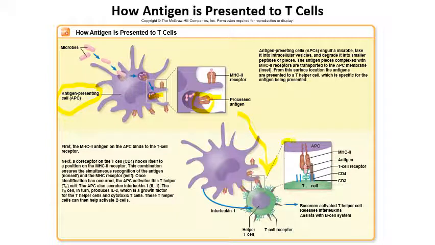This is a good picture where we can see the MHC class II of the antigen presenting cell presenting that antigen so that it is received by the T cell receptor, and the CD3 and CD4 molecules are there holding all this interaction in place so that we can have recognition by that T helper cell. So the T helper cell at this point has received the presentation of the antigen.